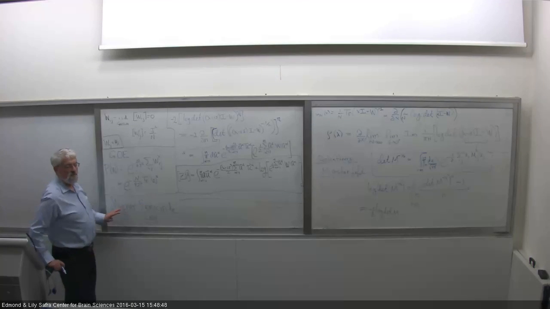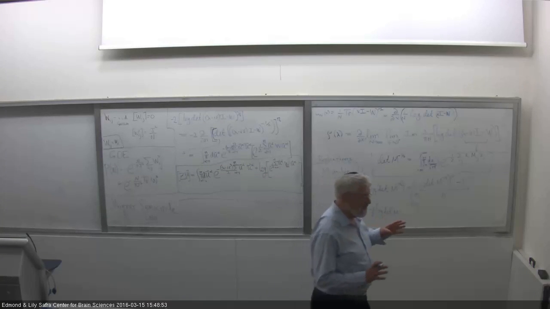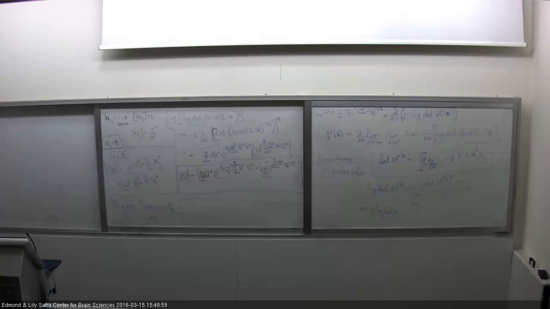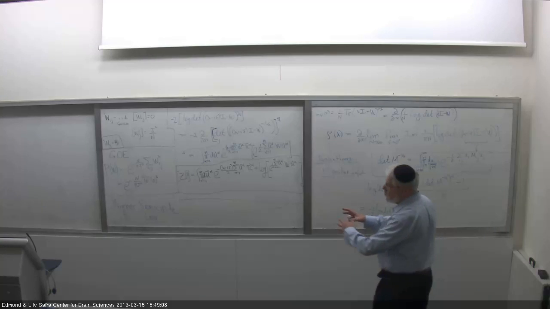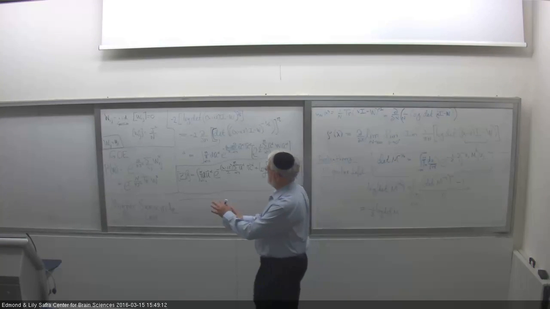This is the first and most fundamental result of random matrix theory. It's amazing that one can write down explicitly the distribution of the eigenvalues. Moreover, you can write down the joint distribution also, and so on. So this is the simplest example.